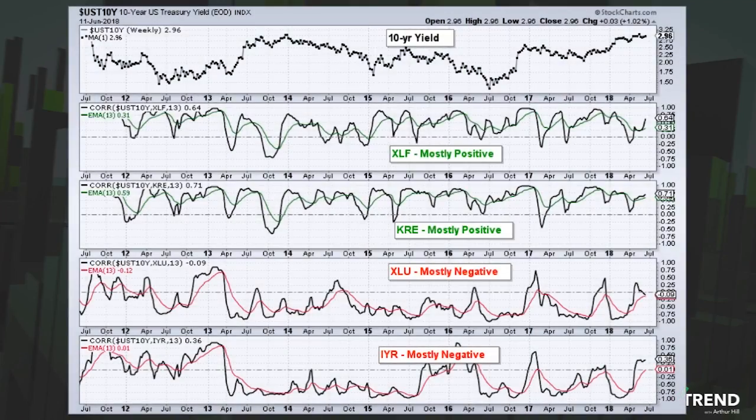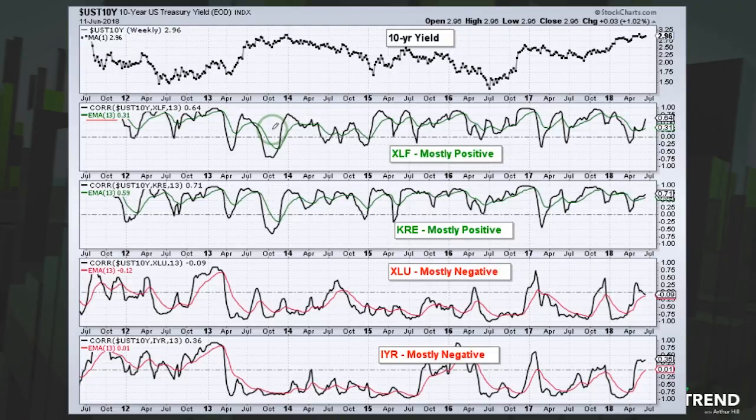The reason we watch Treasury yields so closely is because they have a pretty strong positive correlation with banks and a pretty strong negative correlation with utilities and REITs. This is a chart with the correlation coefficients, and I'm using a 13-period correlation coefficient in black and a 13-week EMA just to smooth it out.